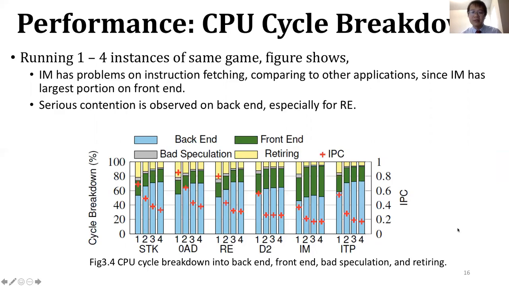From this figure, we can learn that IM has the largest portion on front end comparing to other applications. This means IM has problems on instruction fetching. Also, the backend cycles grows when we increase the number of game instances, which means the contention is on the backend.